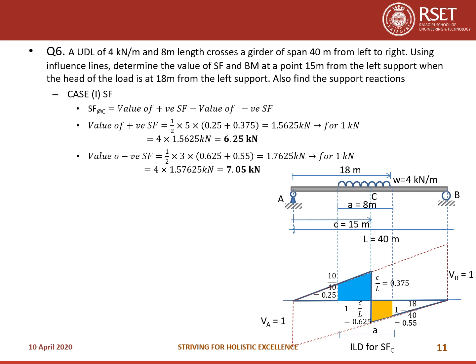So 3 into 0.625, that is 1 minus C by L, and the other portion you can calculate the same way. It will be 1 minus X by L, and X is 18, so 1 minus 18 by 40, which you will get as 0.55. So you will get the maximum negative shear force as 7.05. So what's the difference? 6.25 minus 7.05, it is minus 0.8 kilonewton, the shear force at section C.